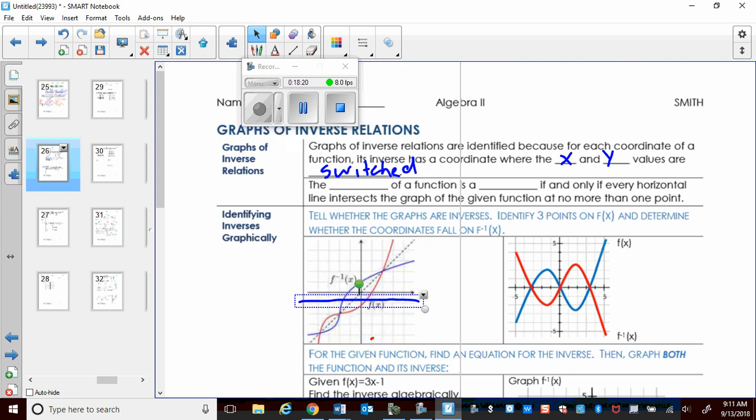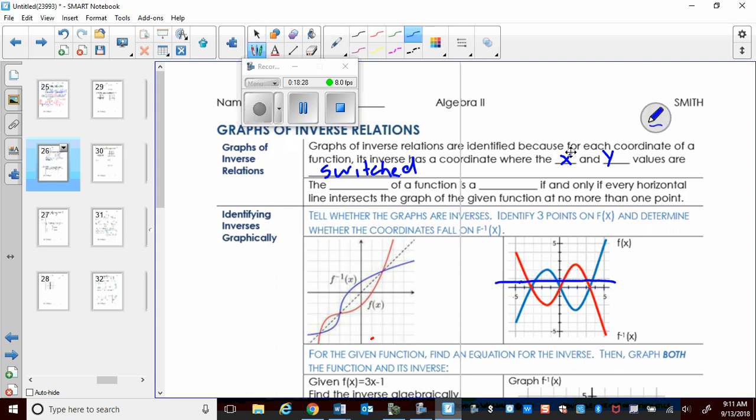This one works. These are inverses. But over here, this hits this graph at like 3 different locations, maybe 4. Hits it here, here, here, and here. So 3 different locations. These are not inverses.